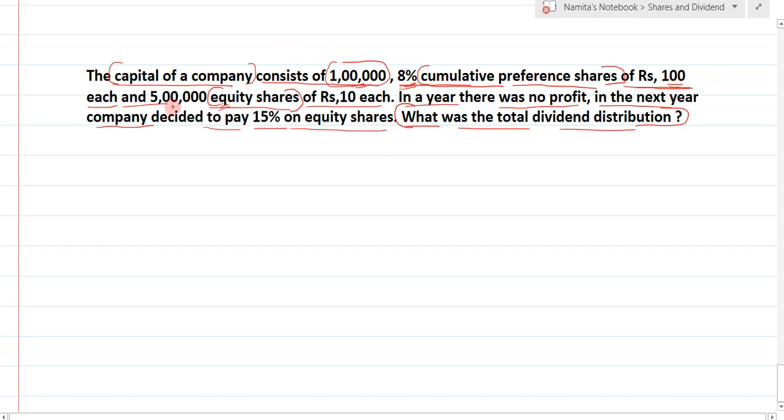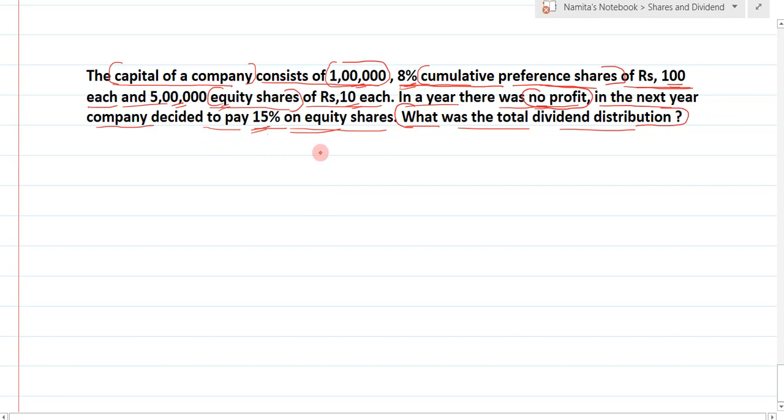Equity share is 5 lakh and each share is of 10. And remember one thing, in 1 year there was no profit. But in next year the company decided to pay 15% on equity share. Okay. So hope the question is clear.